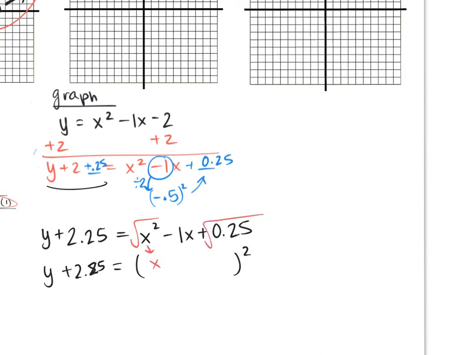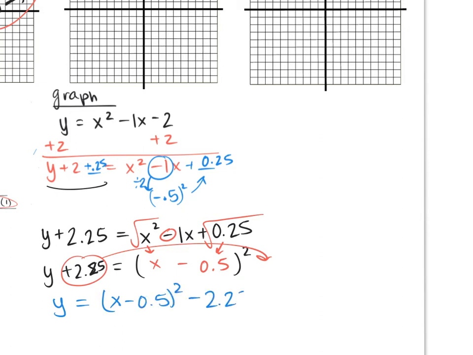The square root of 0.25, if you don't know, use your calculator. It's just 0.5, and the sign of the middle is minus. Now, if I put this guy back over to the other side, I have y equals (x minus 0.5) squared minus 2.25. Here is the vertex form of that first parabola.